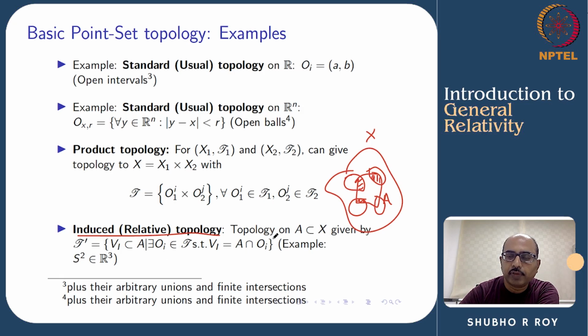So if X and script T is the topological space, then from it you can construct a topology for the subspace A. You can convert it into a topological space with the topology script T prime, and script T prime contains the sets V sub i, which are given by the intersection of A with the open sets of X. Okay, you take these overlap regions, and it gives you a set of open sets for A. One prominent example is, of course, a sphere inside R3.